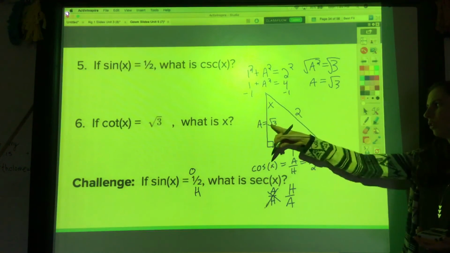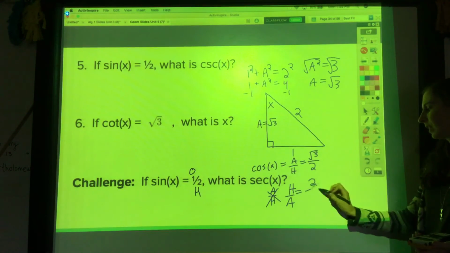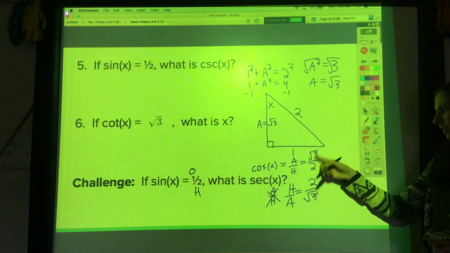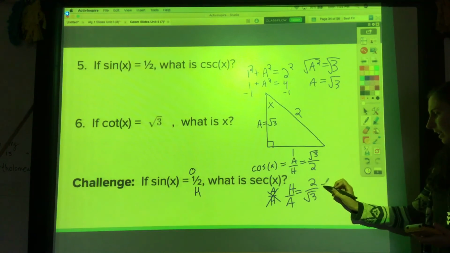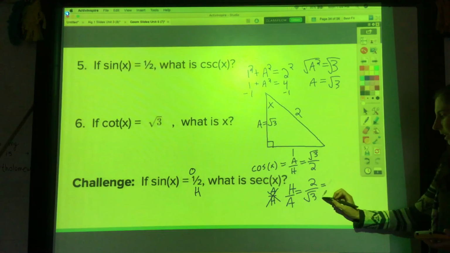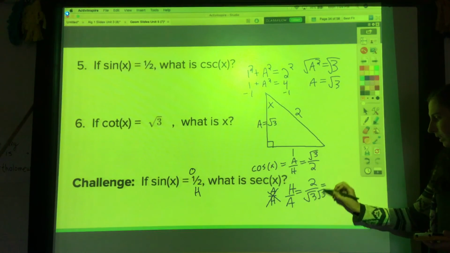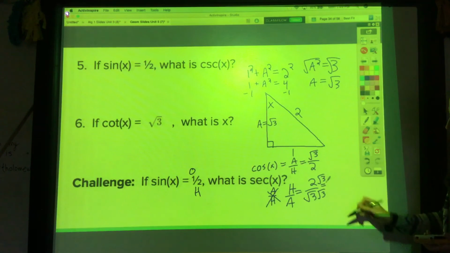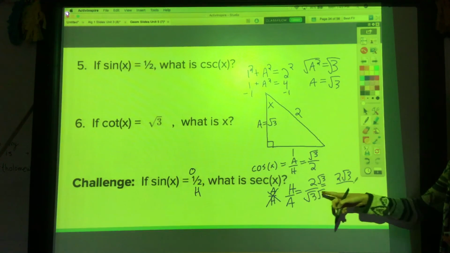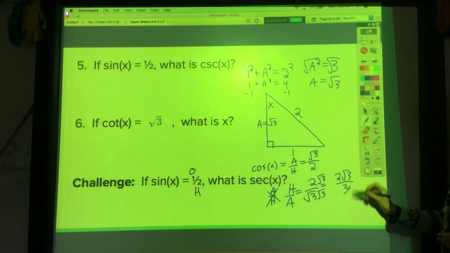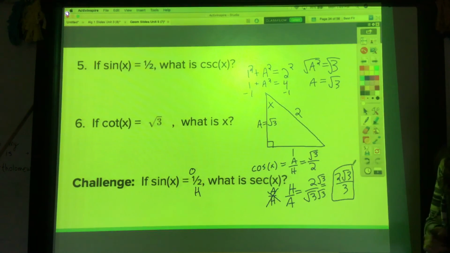So it's 2 over the square root of 3 rather than this. It's just a flipped version. Technically you should simplify that because you're not supposed to have radicals in the denominator, so you should multiply by square root of 3 over square root of 3, which gives you 2 root 3 over. Square root of 3 times square root of 3 is just plain 3, and that would be the final answer.